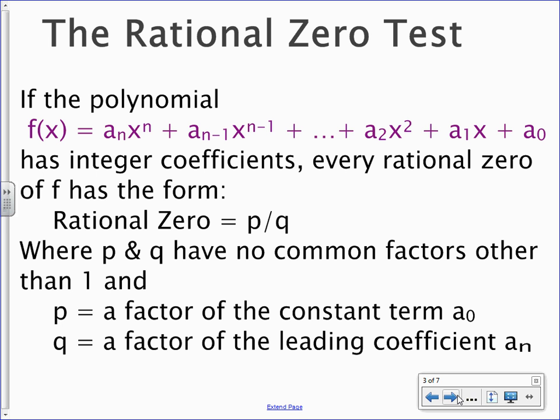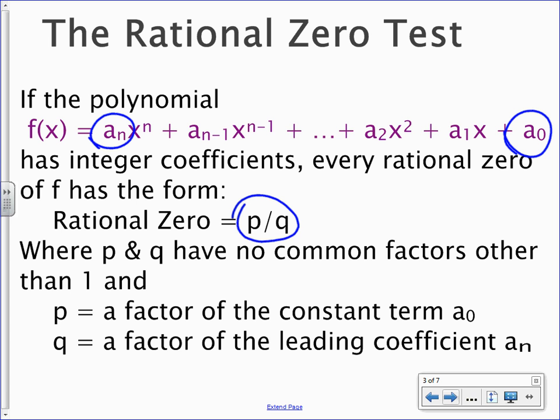So we have a polynomial. Our rational zero is in the form of P over Q, where P is a factor of the constant term. So whatever this is, we're going to list all of our factors of the constant term. And Q is a factor of the leading coefficient.